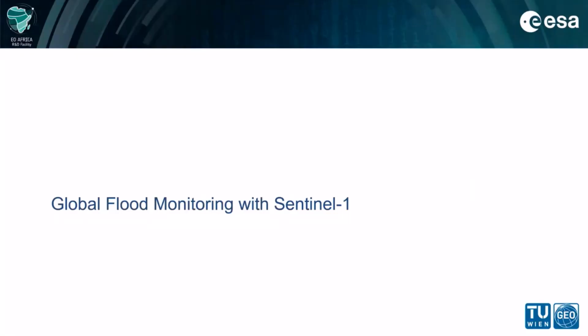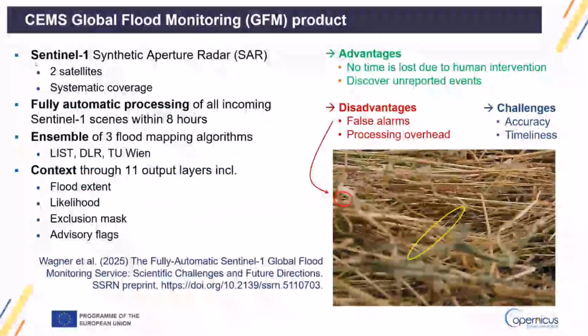This approach for combining optical and SAR data has been inspired by our global flood monitoring service, which is run in an operational way based on Sentinel-1 data. So please allow me now to introduce that service in a bit more detail. This service is run as part of the Copernicus Emergency Management Service.